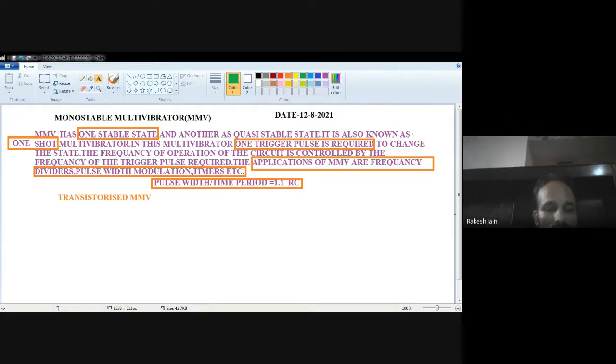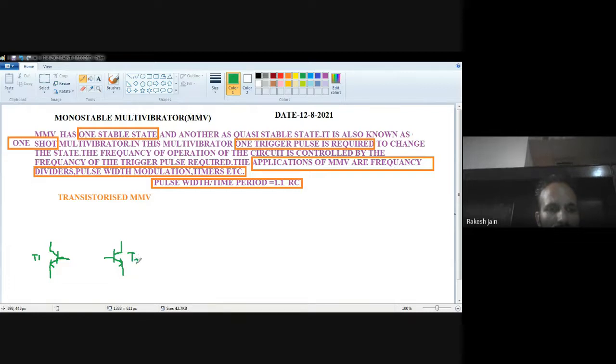Okay, so just to see this diagram. Here I use two transistors. This is the first transistor, that is T1. And here the another transistor, this is T2.